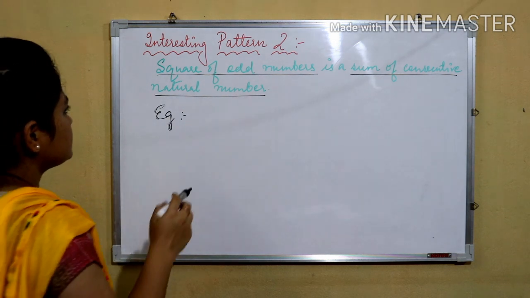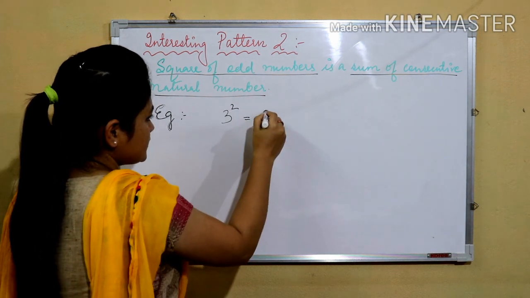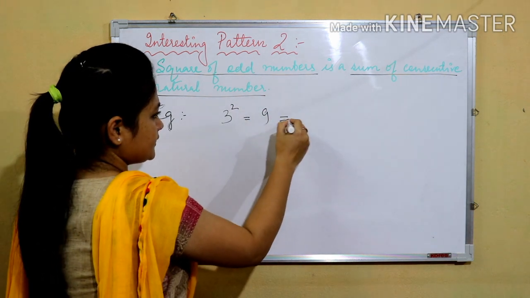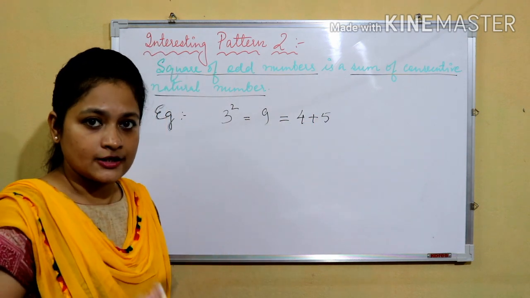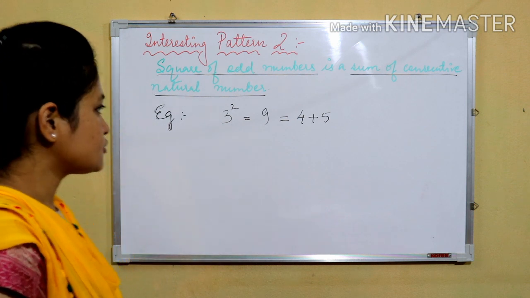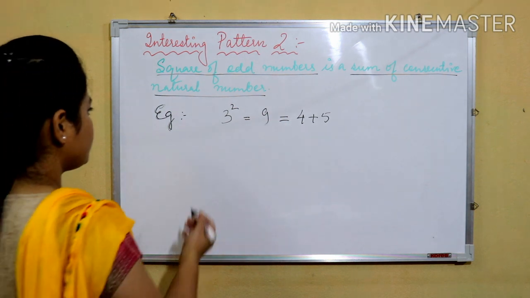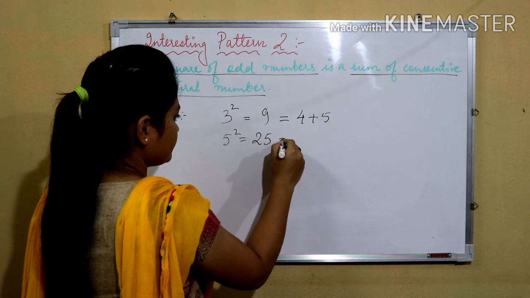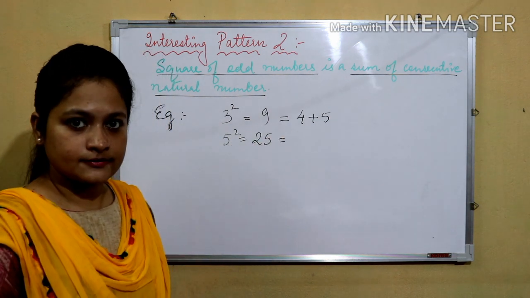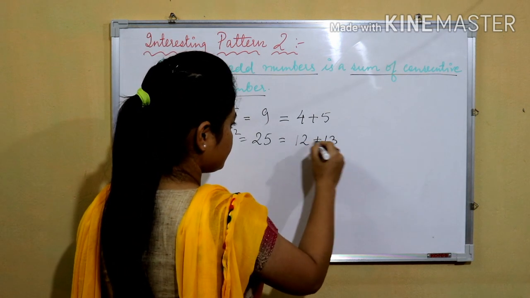Suppose square of odd number 3 square, which is 9. So 9 can be written as 4 plus 5, the sum of two consecutive natural numbers. Suppose one more odd number, 5 square, 25. How can I write 25? Yes, I can write 12 plus 13.